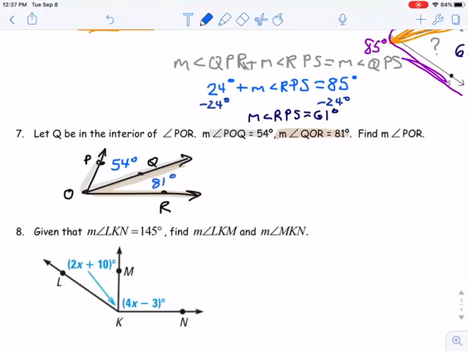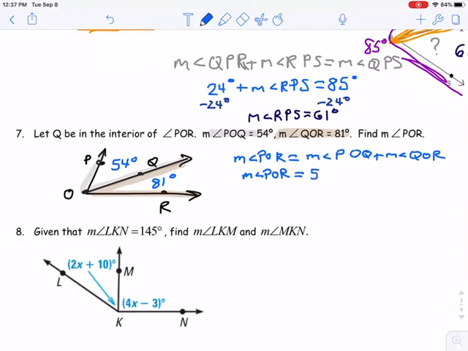It says find the measure of angle POR, and since that's the whole angle, that's going to equal the two smaller parts. Measure of angle POQ plus the measure of angle QOR. All right, and then we just fill in all the parts we know.